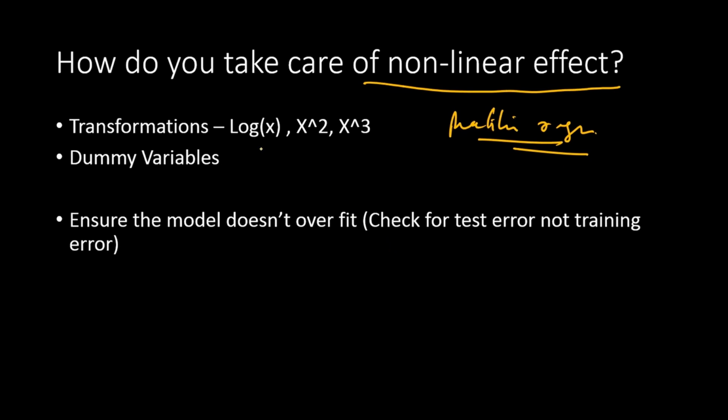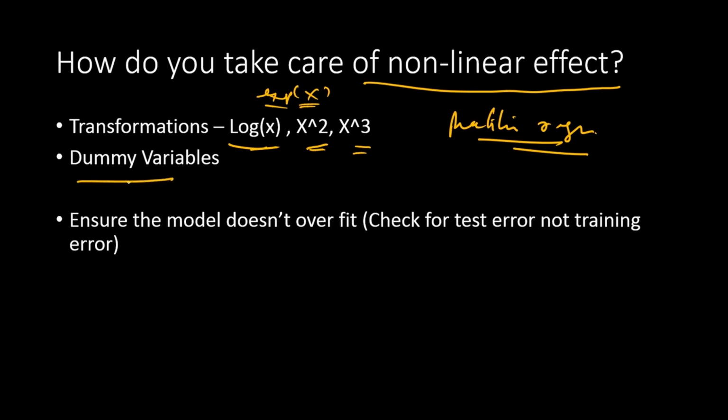You can take the logarithm, or the exponential of your independent variables. You can take higher dimension variables, like if x is your independent variable, then you can take x square, x cube, and so on. So that's one way of doing it.